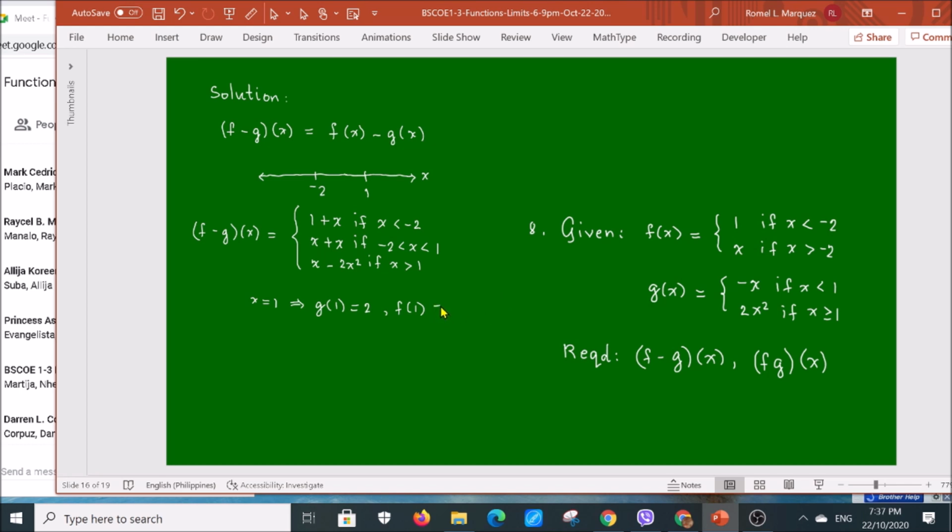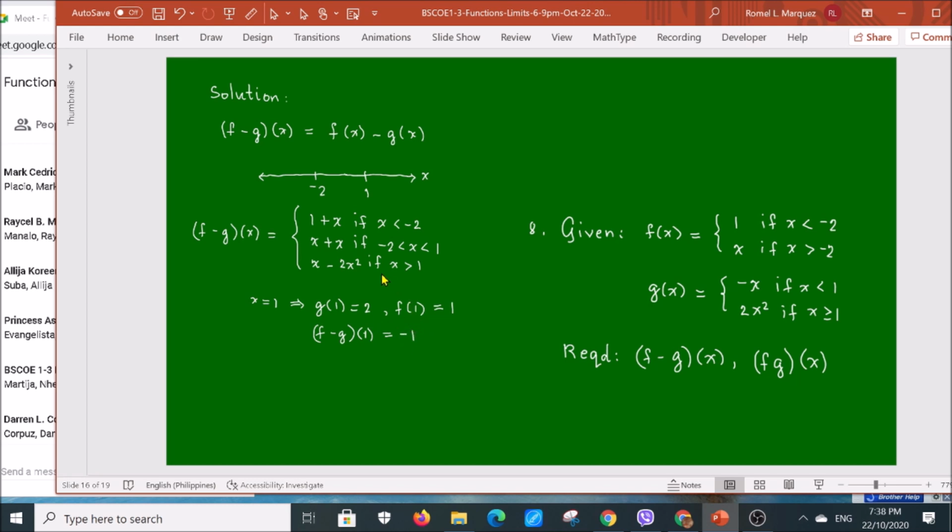So f of 1 is 1. So what is the difference? f of 1 minus g of 1 is equal to 1 minus 2. So f minus g of 1 is equal to what? 1 minus 2, that is negative 1.